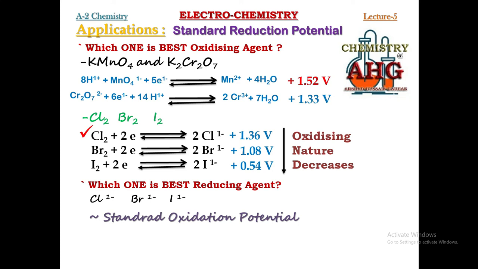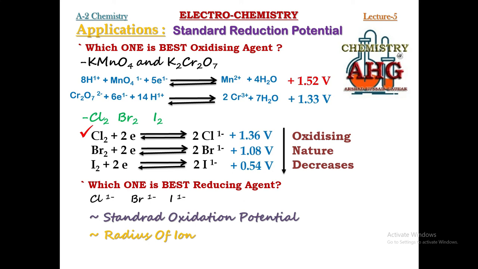What is that? The reducing nature also depends on the radius or size of an ion. What is a reducing agent? One that can undergo oxidation. And what is the best reducing agent? The one that can undergo oxidation easily. Which ion can undergo oxidation easily? The one that is bigger, that is larger in size.